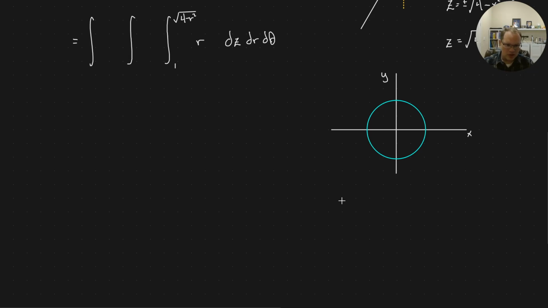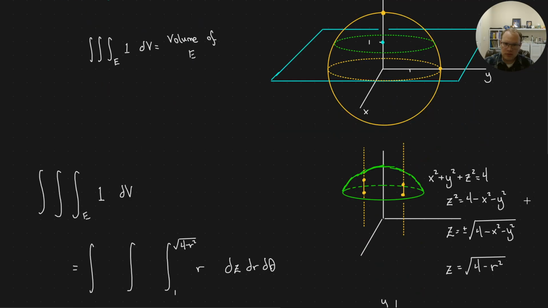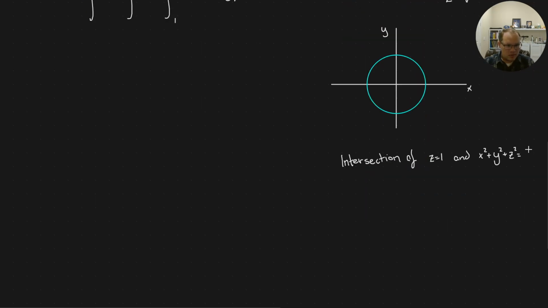So let's find the intersection of the plane and sphere. z equals 1, and x squared plus y squared plus z squared equals, what was it, 4? Yeah. Okay, so I'm just going to plug the one into the other. I get x squared plus y squared plus 1 squared equals 4, plugging that 1 in.